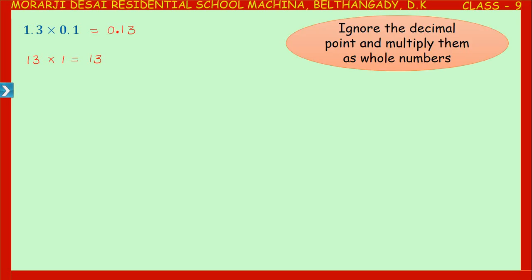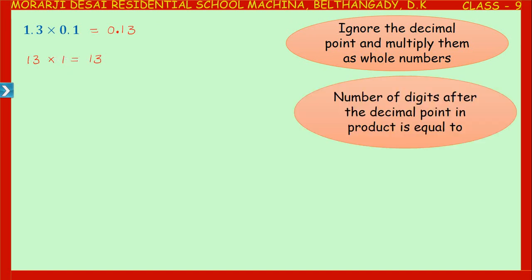So while multiplying decimals, the first step is to ignore the decimal point and multiply them as whole numbers. See here, we removed the decimal point and multiplied them as whole numbers. That is 13 into 1 is 13.